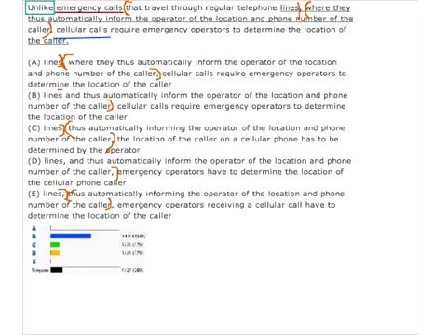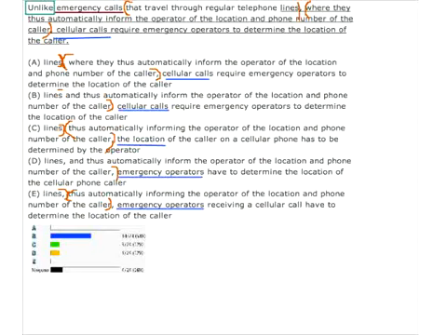So you basically have, unlike emergency calls, A says cellular calls, B says cellular calls, C says the location of the caller, D says emergency operators, and E says emergency operators. Well, the comparison has to be between emergency calls and cellular calls.